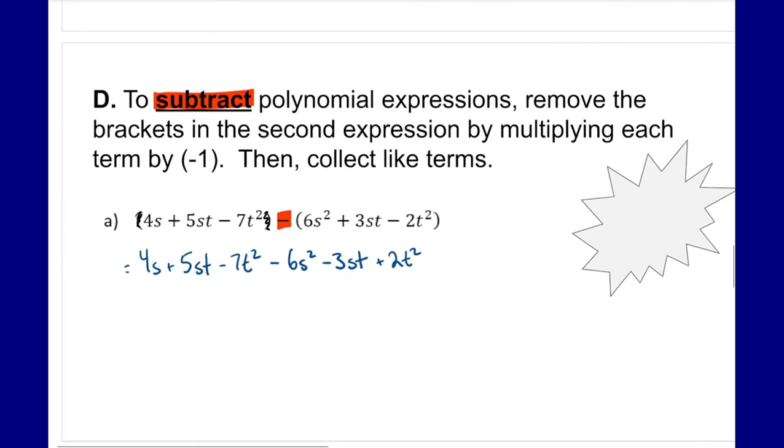Now there is a quick way to do that, because what's actually happening when you multiply each term by negative 1? When you multiply by negative 1, all it does is change the sign.